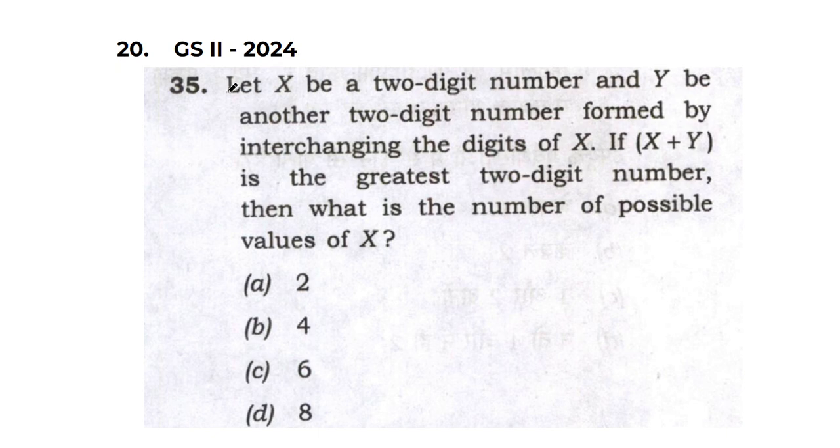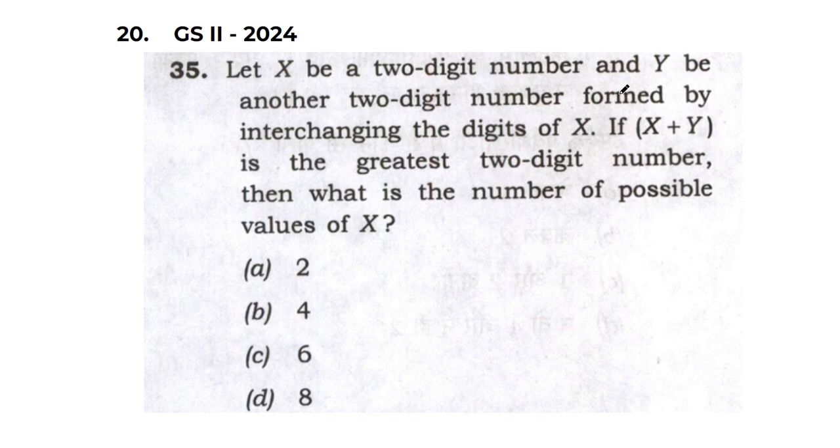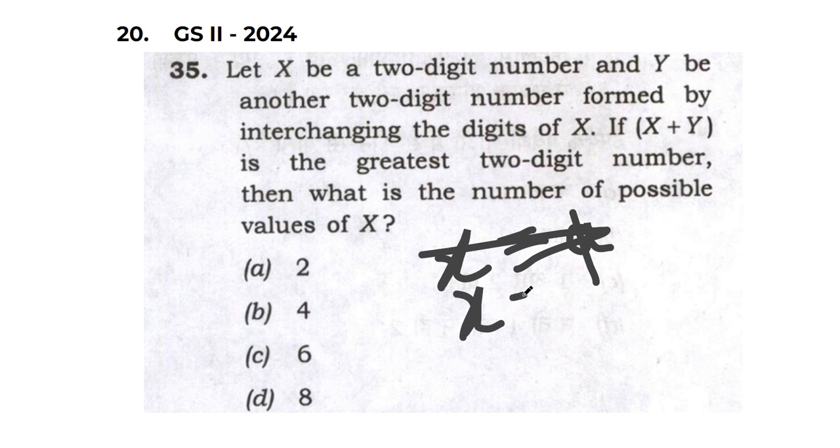20th question. Let x be a 2-digit number and y be another 2-digit number formed by interchanging the digits of x. If we assume x is equal to 10a plus b. Why 10a plus b?